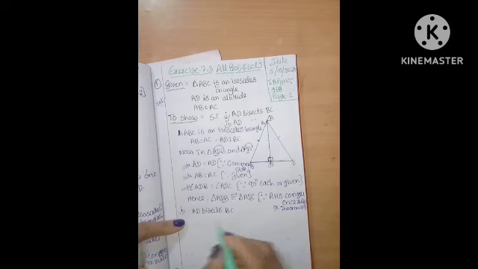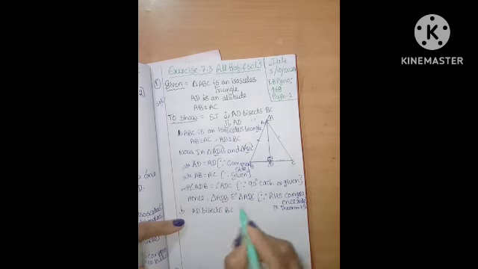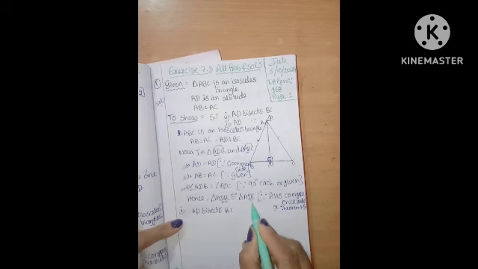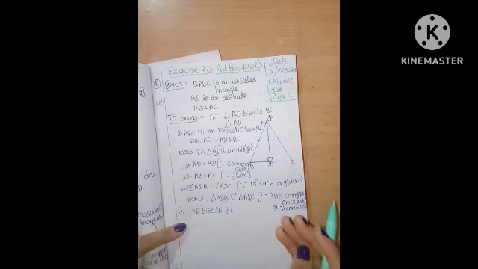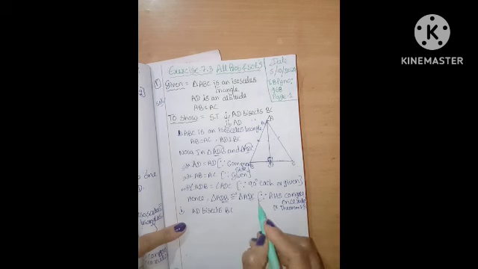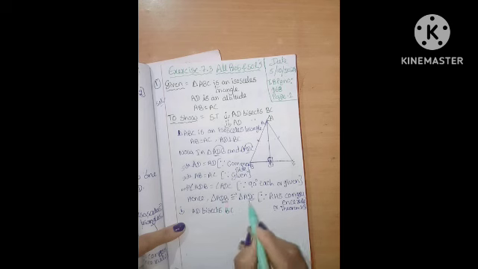In the above, whenever these two triangles are congruent, all the angles and all the sides are also equal. CPCT, corresponding parts of congruent triangles, are equal. By CPCT, these two sides are equal. Which sides?